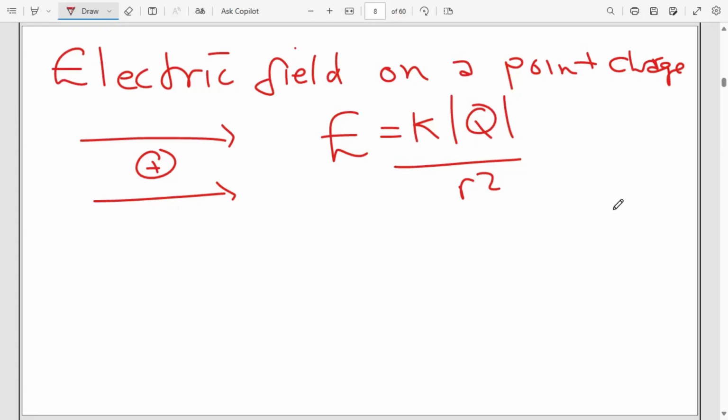That means if you double the distance, the force decreases to a quarter, whilst if you halve the distance, the force quadruples. So if you have a point charge in an electric field, the field at that particular distance from the charge is equal to k multiplied by the magnitude of q, the actual charge, over r squared, where r is the distance between the source of the electric field and the point.